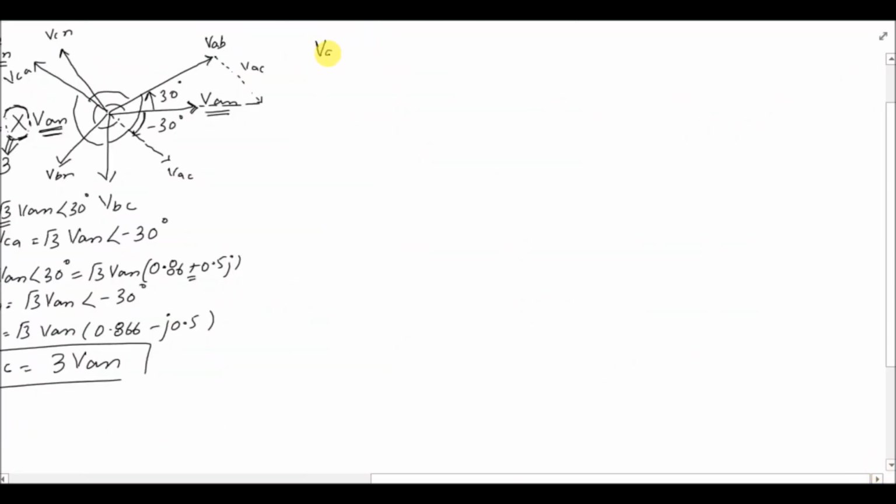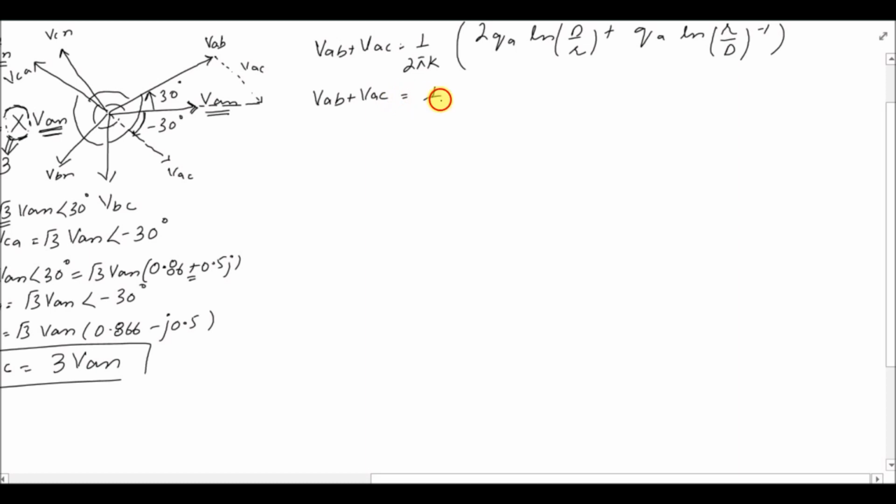The VAB plus VAC term is equal to 1 over 2 pi k, 2 QA ln d over r plus QA ln r over d, and further simplifying will give you VAB plus VAC is equal to 1 over 2 pi k, 3 QA ln d over r, and this is equal to 3 VA.